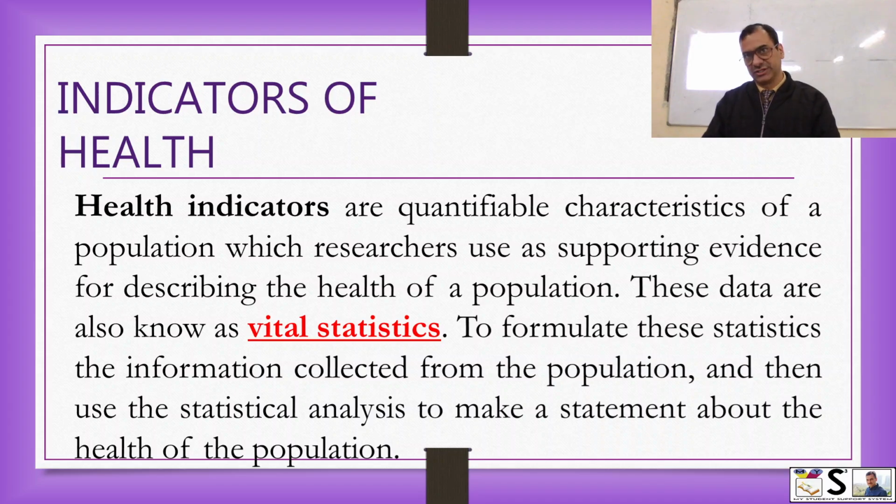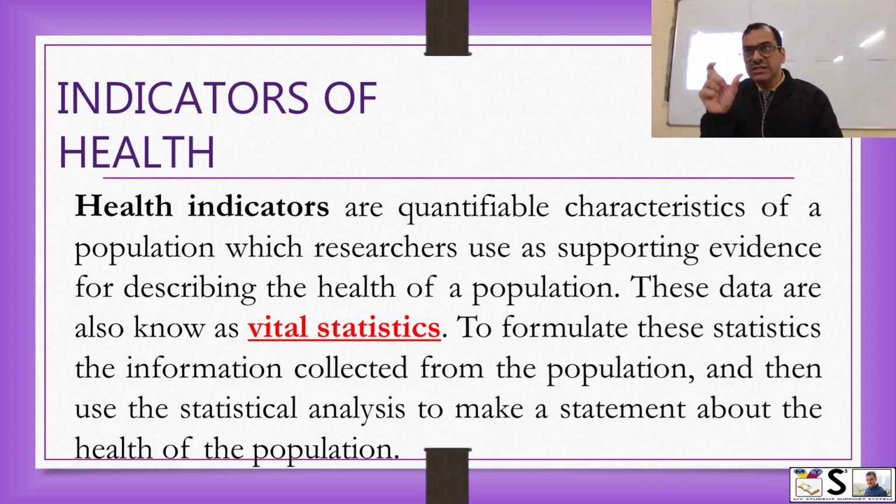Health indicator. Okay. For example, when we do our survey in the community, in our area, what do we find out? First of all, the total number of population living in our area. So that is one indicator or statistics or data. In the same way, during this survey we also find out the number of eligible couples in the community.